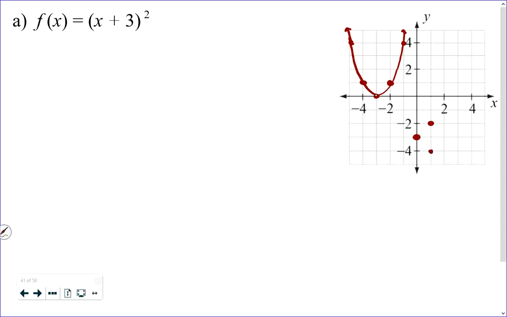And what's going to happen is, if you have the wherewithal and you want to do this, it's going to look like the green graph. And again, you don't need this graph to answer the question. I'm pointing out to you that the inverse of a parabola will not be a function.